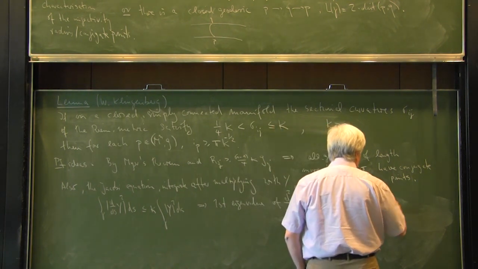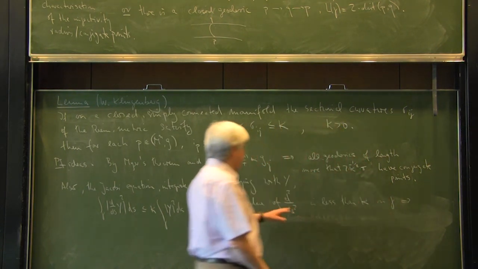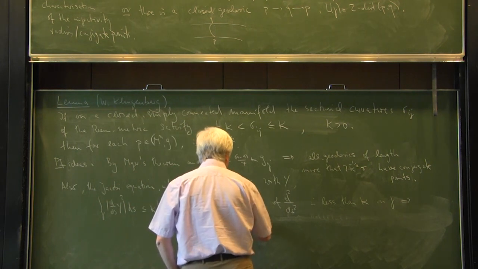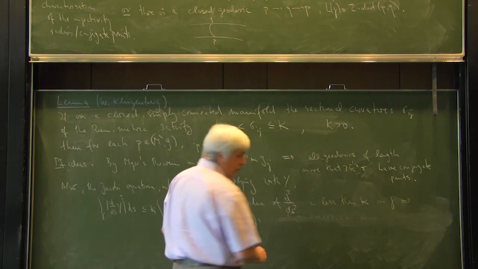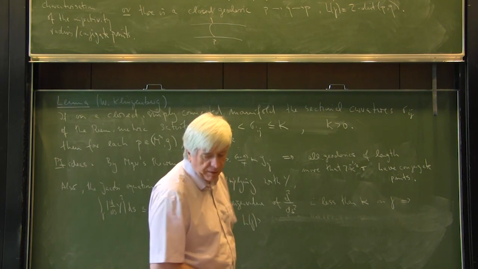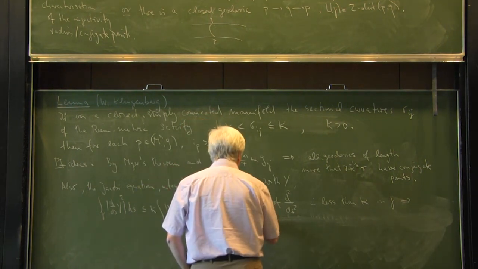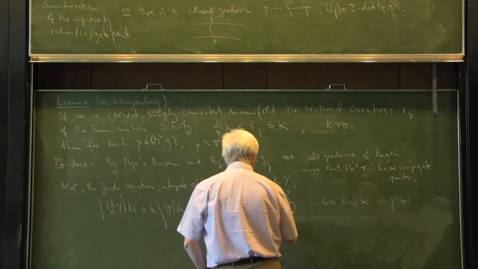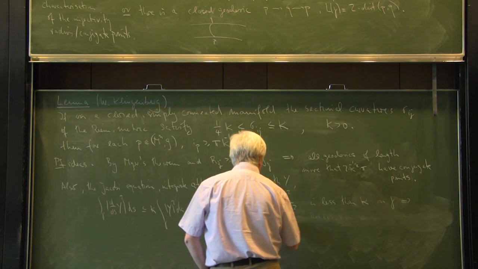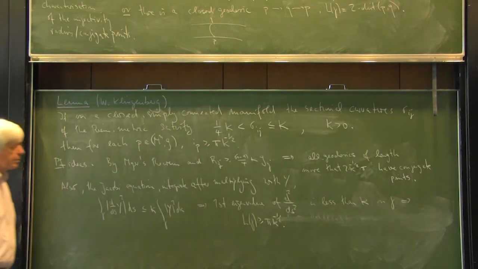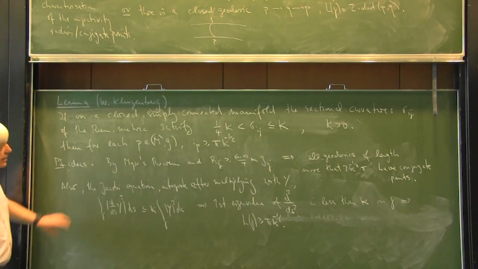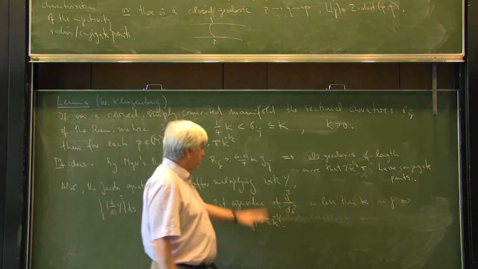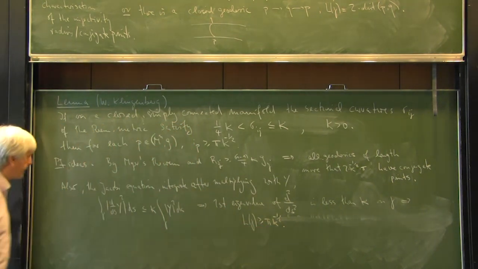But this would mean that the length of gamma would have to be bigger than pi k to the minus 1/2. Right, so these are sort of the principal ideas why you need on the one hand this inequality and why you need on the other hand that inequality.